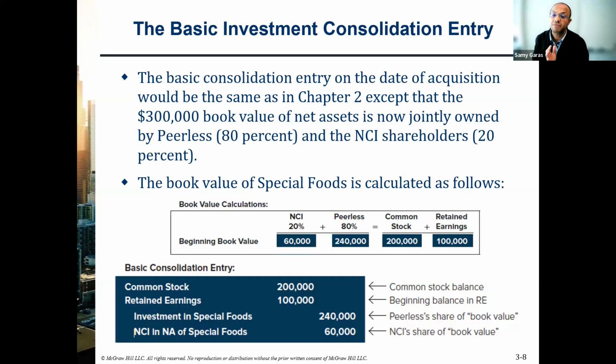And here we close off the shareholders' equity of the subsidiary. So common stock and retained earnings for the subsidiary were credits, I make them debits. Investment in the previous slide was a debit, I make it a credit. And then I create non-controlling interest in net assets of Special Food.